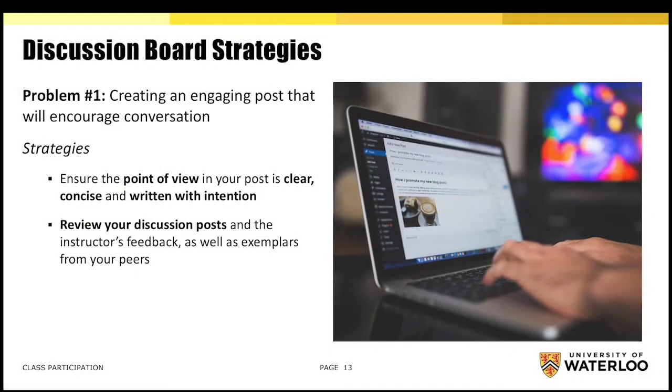Online learning often involves active use of discussion boards. To create an engaging post that encourages conversation, ensure your point of view is clear, concise, and written with intention. As well, take time to review your discussion posts and the instructor's feedback.